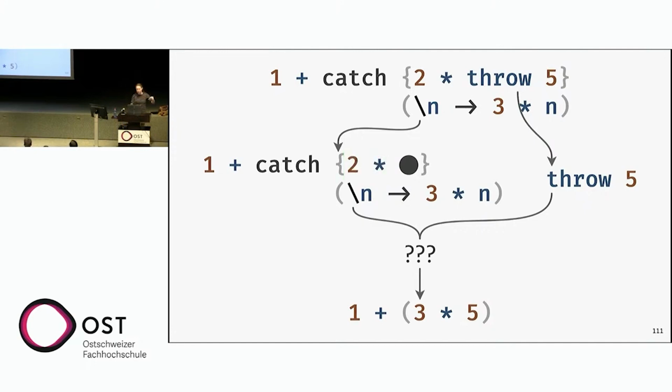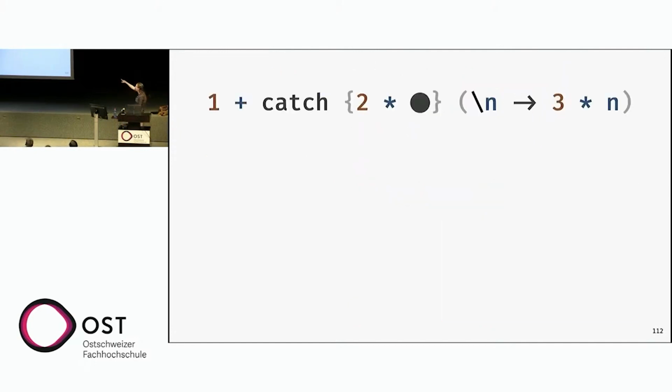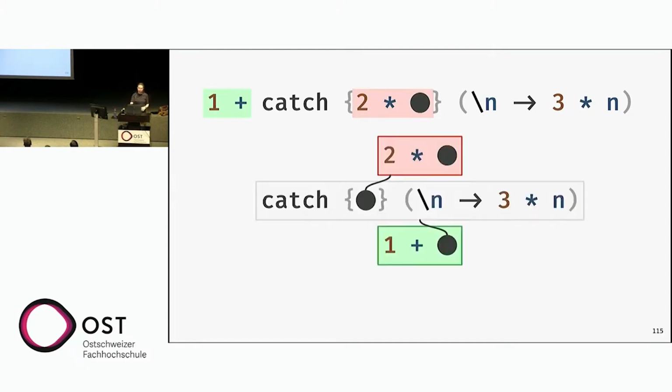But one way to provide a more helpful perspective here is to take a look at the continuation, and note that catch slices the continuation into two pieces. There's this inner portion of the continuation, and then there's the outer portion of the continuation. So we can think of the continuation as a set of nested continuations inside of each other, like Russian nesting dolls, where a throw will discard the inner portion and leave the outer portion alone.